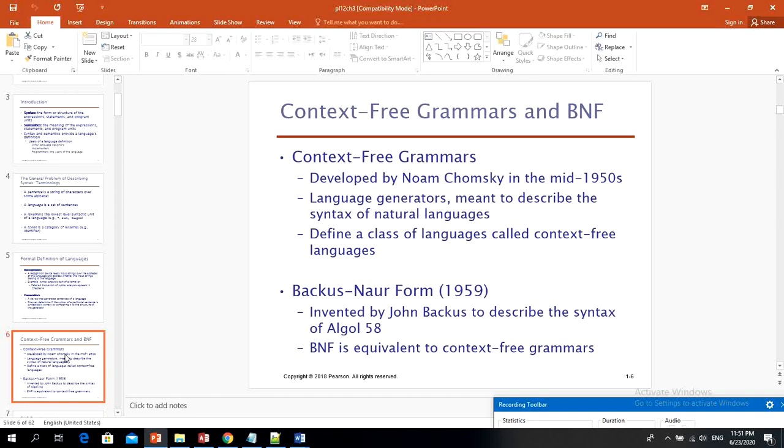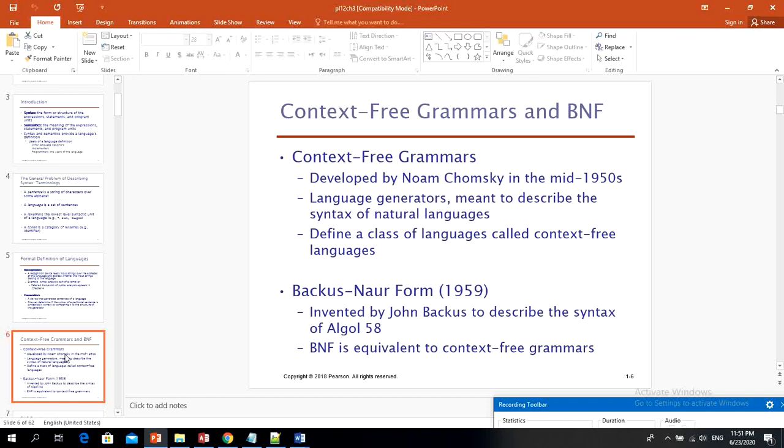So it's actually not very technical when it was developed. It's like pseudocode for the generators to decide on the formal language. It was called context-free language at that time, but Backus Naur form, in 1959, was invented by John Backus to describe the syntax of ALGOL 58.